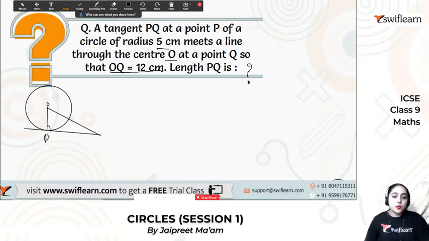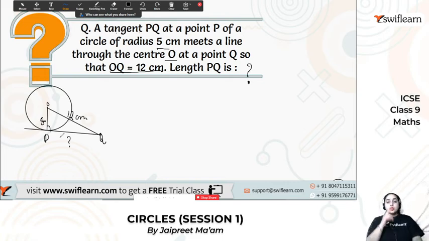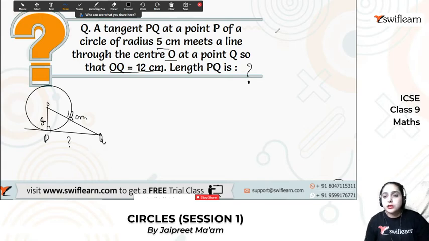So this is the point P and this is Q. OQ is 12 centimeters, this is 5 centimeters, and this we have to find out. So this is a triangle, and we have to find the unknown length. You should know the terms related to triangles.